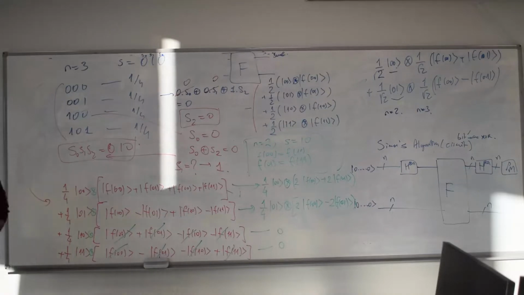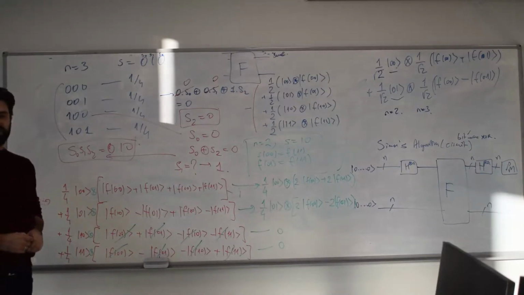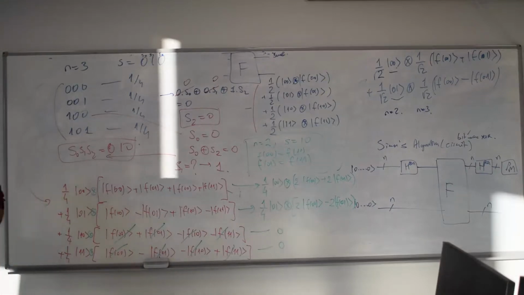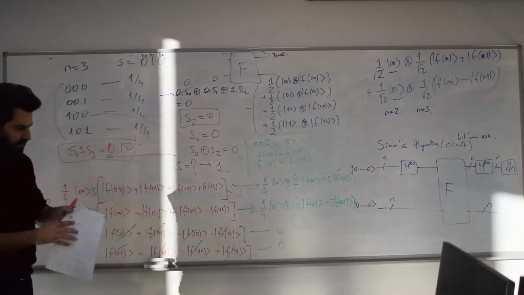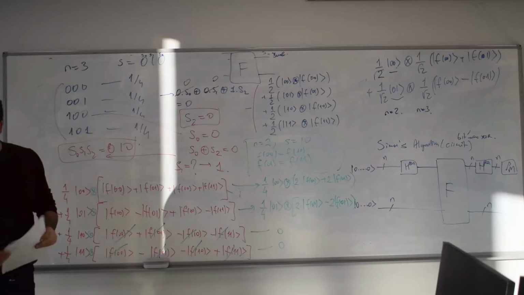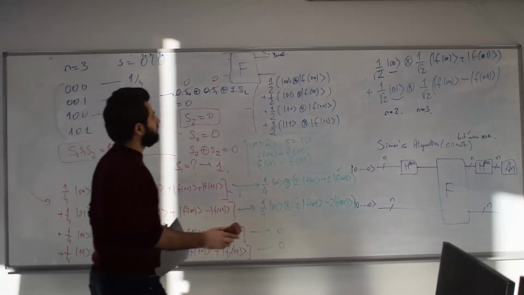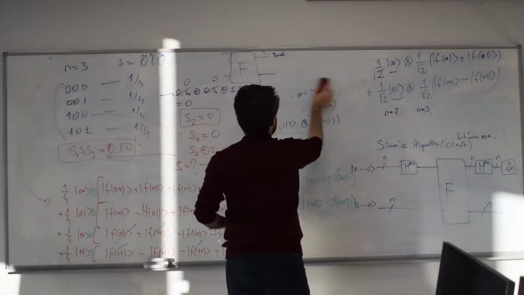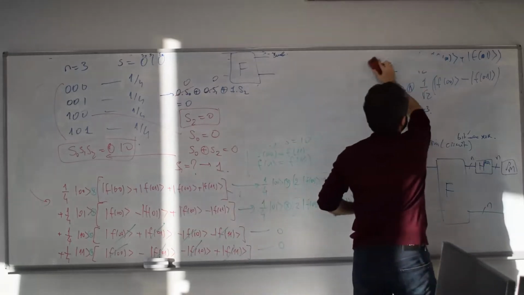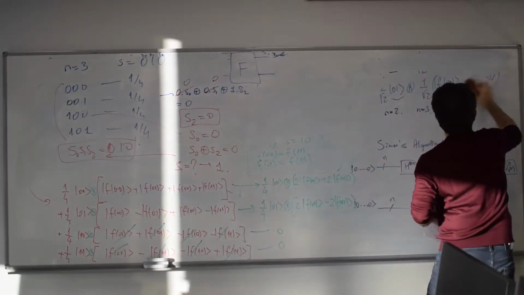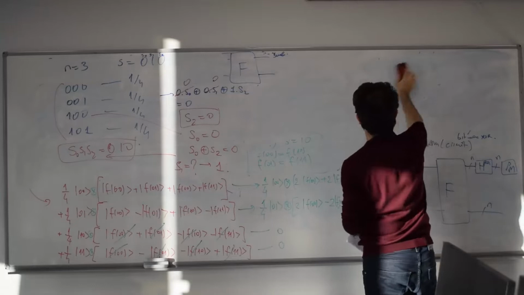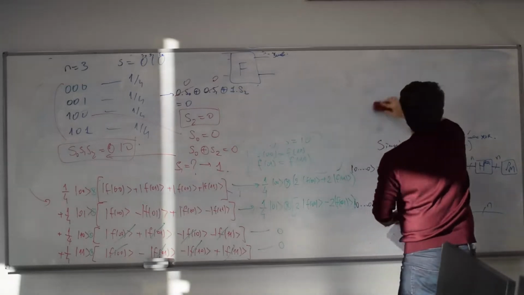Do you have any questions? Okay, so let me give you another example before I finish. Let me just erase this part. And then I'm going to talk about the belief propagation algorithm that could be useful.